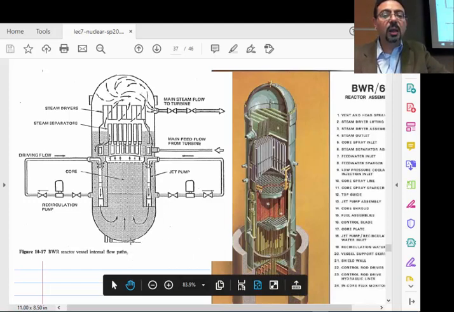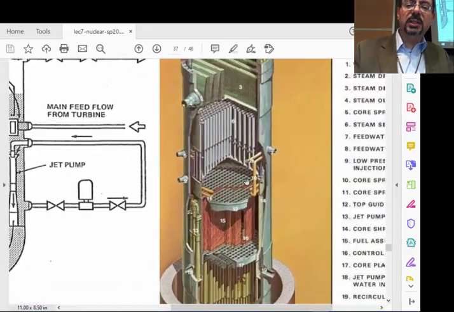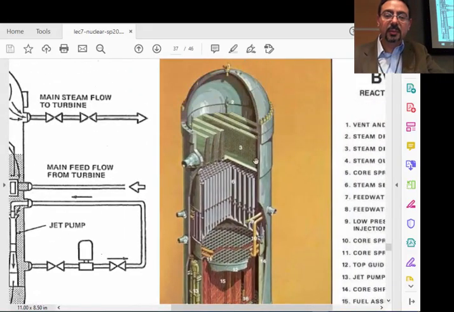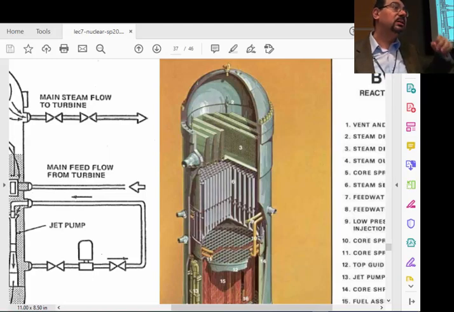Water comes in and steam leaves from the top. Okay? So water comes in and steam leaves, and you can see the guy on the top, what is that? Steam trap. This is like any steam power plant. When you make steam, sometimes tiny droplets get carried out, right?